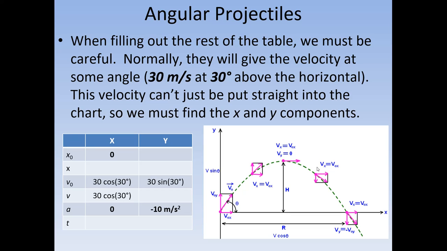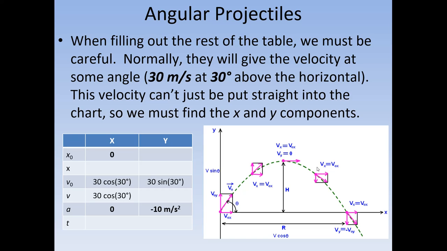Now, when they tell us a velocity at some angle, what they're telling us is that some of our velocity is going to be in the horizontal direction and some of it will be in the vertical direction. So we have to use the stuff about vectors and components to figure out how much of the velocity is horizontal and how much is vertical.